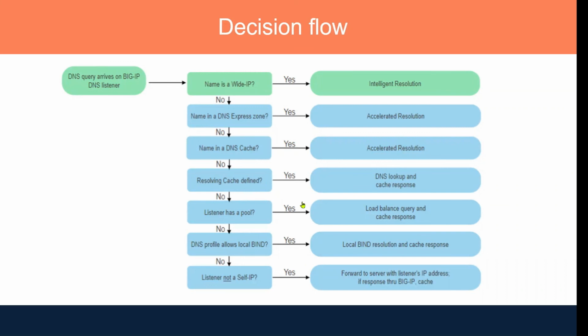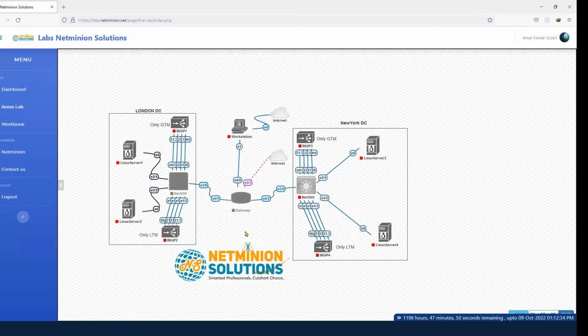This is our lab, right? So get access to this lab so that we can do some configuration. You would see that we have two sites, one site in London and the other site in New York, and we have these servers on the back end. This server is a DNS server. These DNS servers would be able to be edited on the LTM boxes or directly on the GTM boxes.